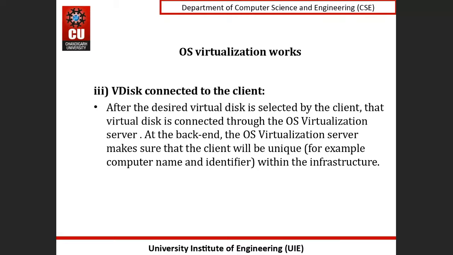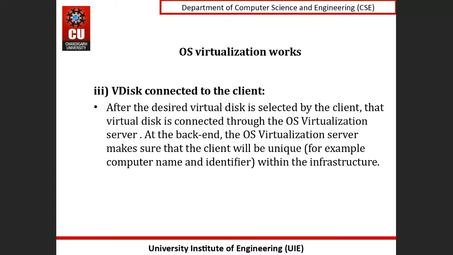We connect to the client after the desired virtual disk is selected by the client, whichever it needs. If the client was unknown and made a connection with the server, the allocation of the vDisk is then done, right? Or the client has selected the particular virtual disk. That virtual disk is connected through the virtualization server over there.